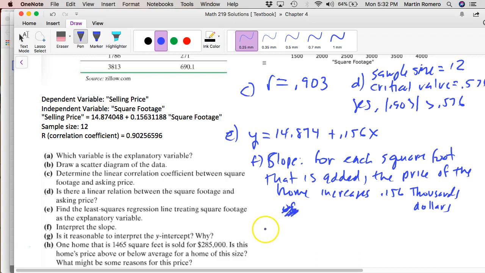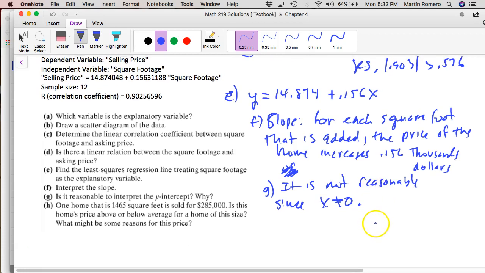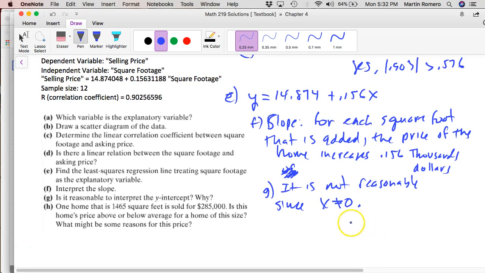Okay, and then G, what's the y-intercept in context? In this case, it is not reasonable, since x cannot be equal to 0. That means no home. So there will be no home, so you can't do that.